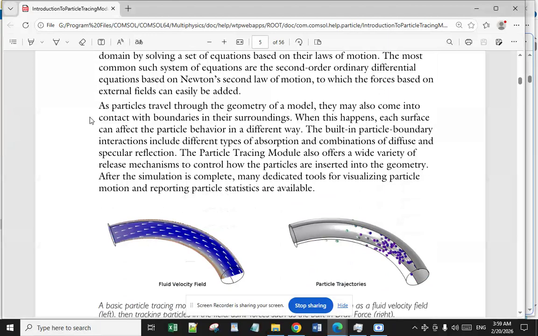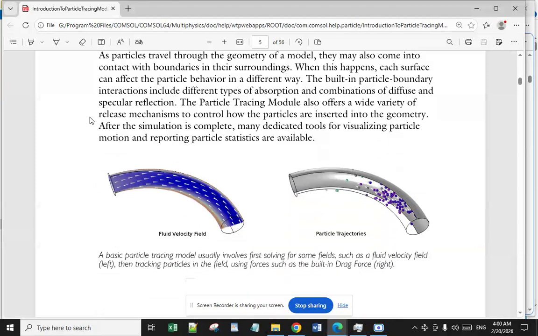The particle tracing module also offers a wide variety of release mechanisms to control how the particles are inserted in the geometry. After the simulation is complete, many dedicated tools for visualizing particle motion and reporting particle statistics are available.